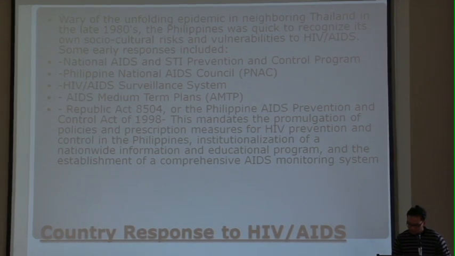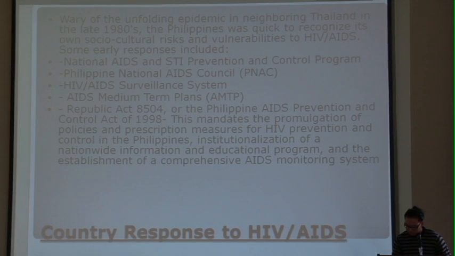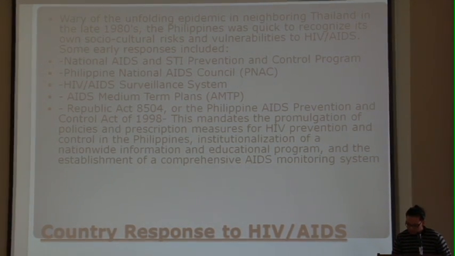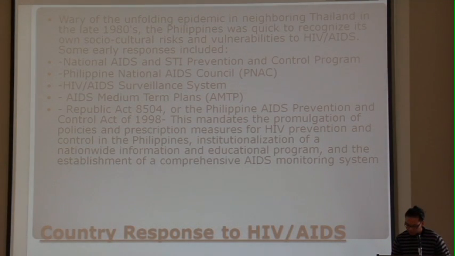That act mandated the promulgation of policies and prescription measures for HIV prevention and control in the Philippines, the institutionalization of a nationwide information and educational program, and the establishment of a comprehensive AIDS monitoring system.